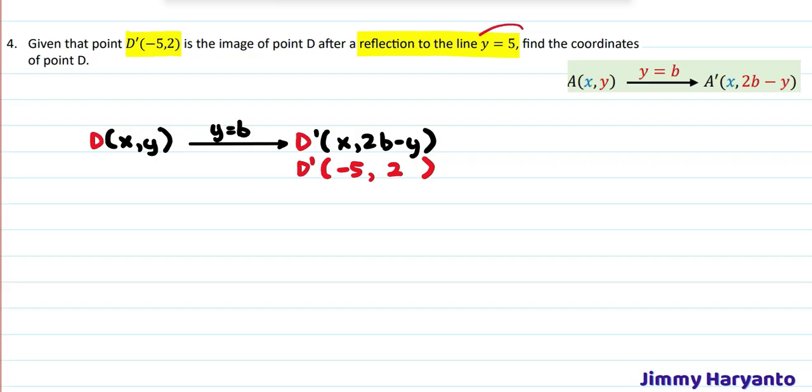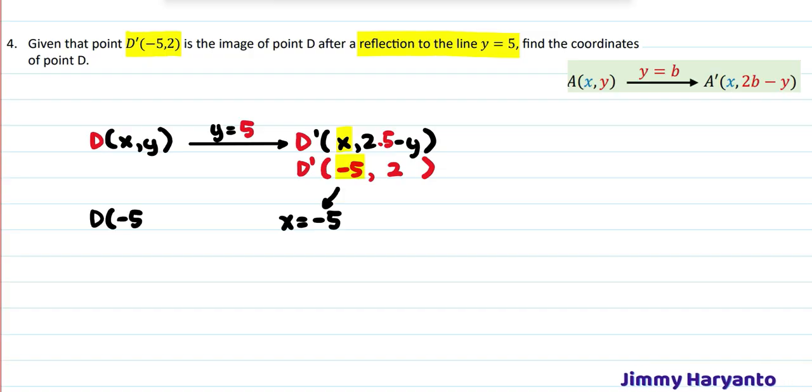And then the b is y equals 5, so let's change the b into 5, and also this b into 5. Okay, and then let's compare the image. The image in the formula is x, and the result has to equal negative 5. That means from this part we can conclude that x equals negative 5. So D open brackets negative 5 comma.